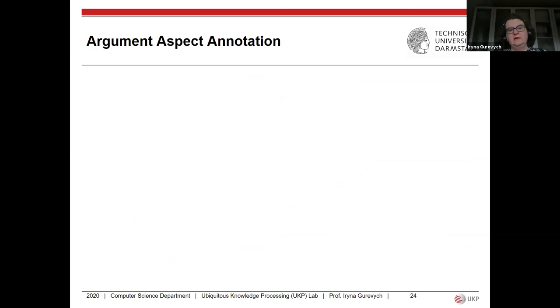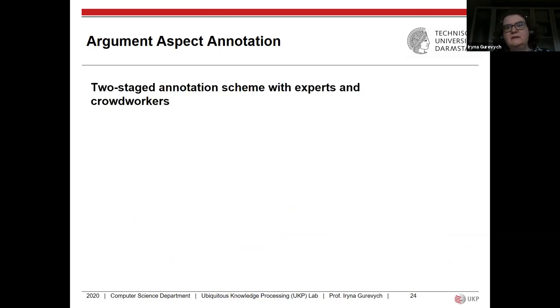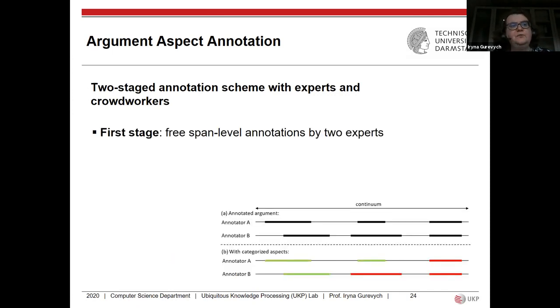So now the next question is how to generate training data for argument aspect classification. Here we propose a novel two-staged annotation scheme to tackle this difficult sequence tagging task. In the first step, we employ two experts who are NLP research assistants and who perform a free span-level annotation task of the aspects.